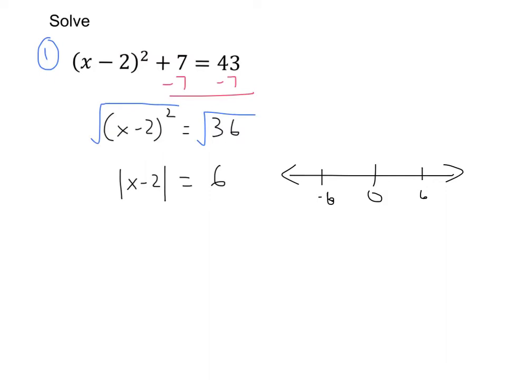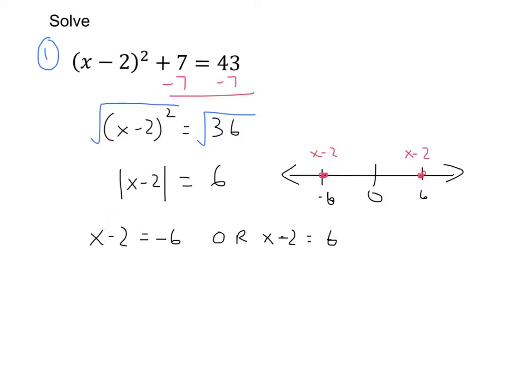So x minus 2 could be here at 6, or x minus 2 could be here at negative 6. In other words, x minus 2 could be equal to negative 6, or x minus 2 could be equal to positive 6.